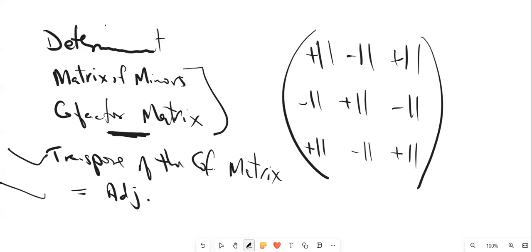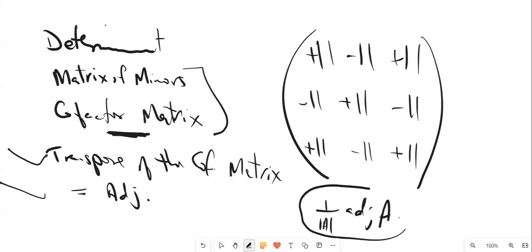And then you take one upon the determinant of, let's say, A times the adjoint of A. When you multiply these two, you get your inverse, A inverse. Very long process.